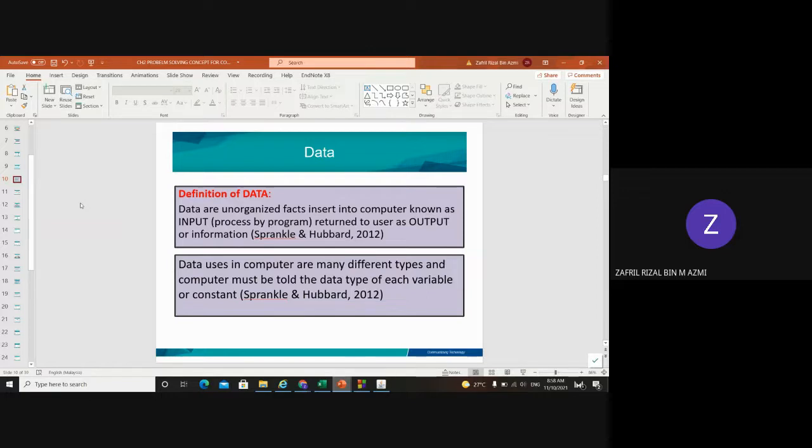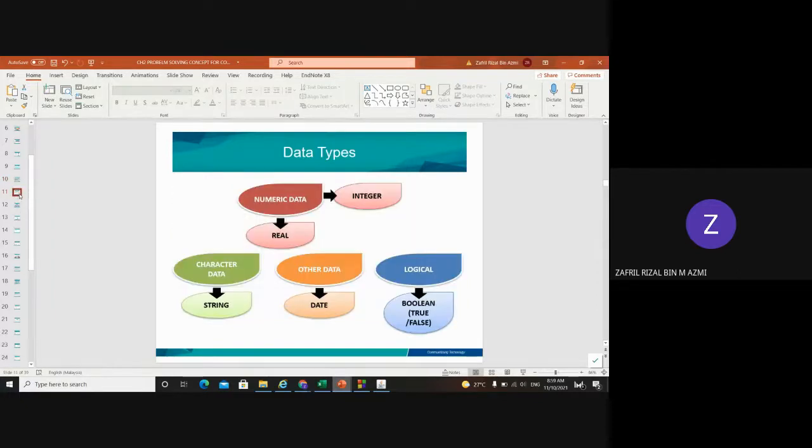So when you are designing a program, you need to know the variables that you use, whether it is a numeric variable or a string variable. You need to know the data first, so that you can declare it in your variable.